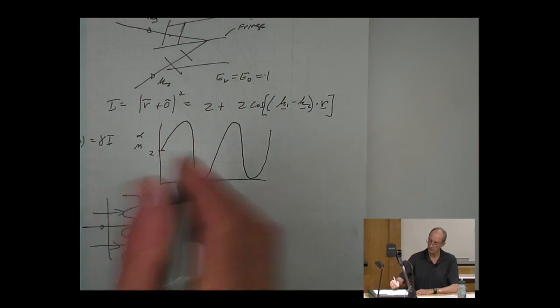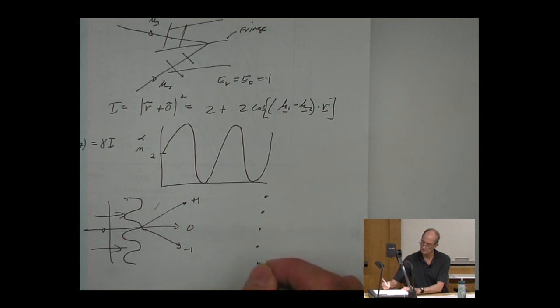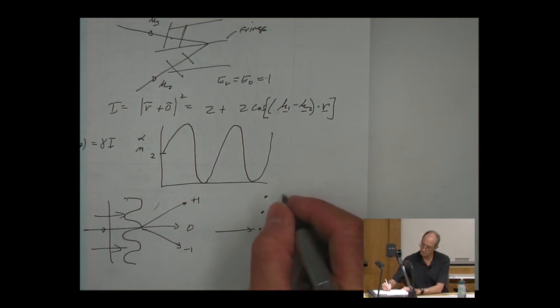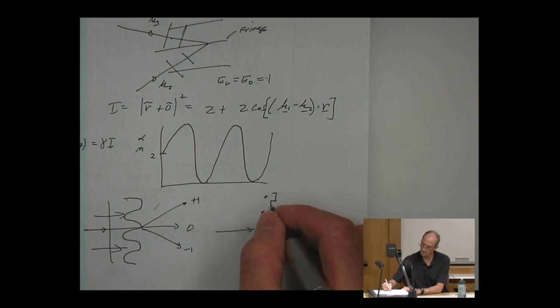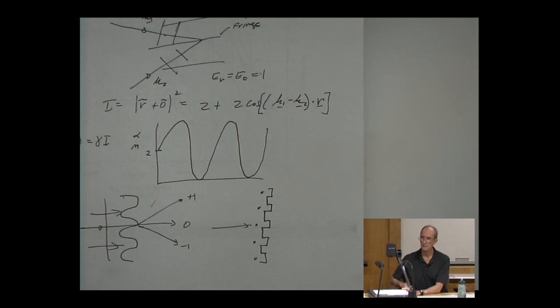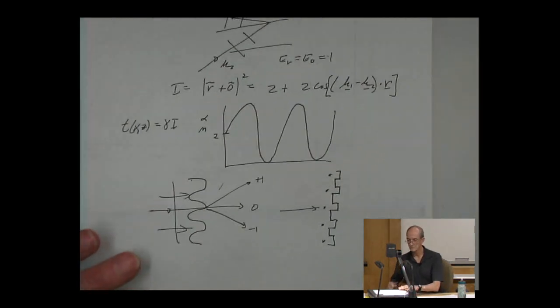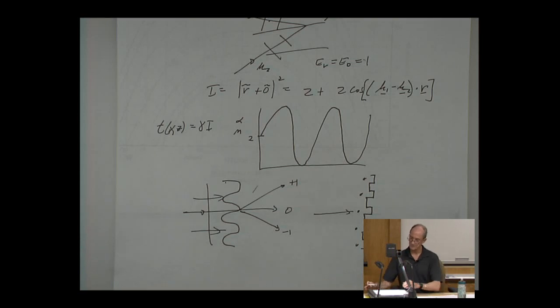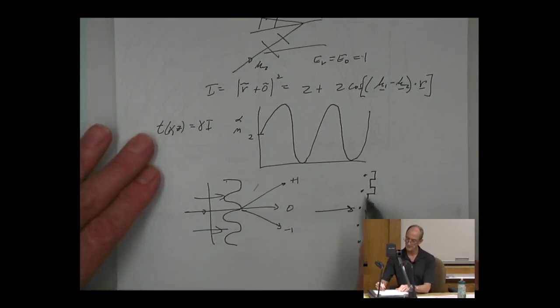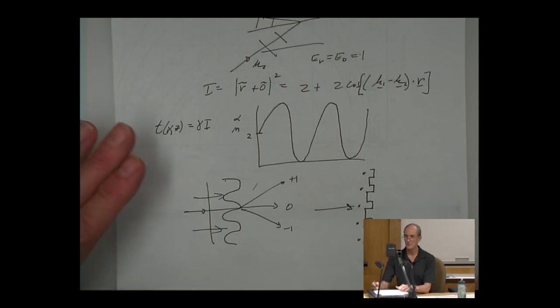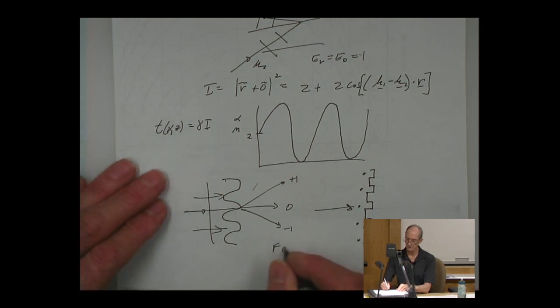But unlike before, where we had many orders if we had just a set of point scatterers, or alternatively, a rectangular pattern, what we're really talking about here is the Fourier analysis of these gratings.